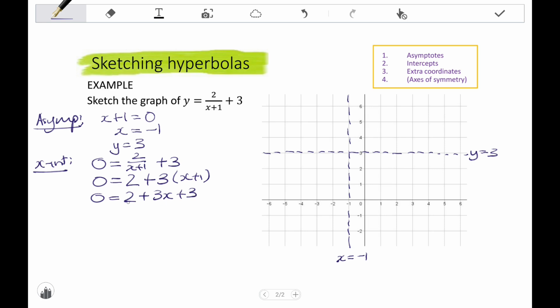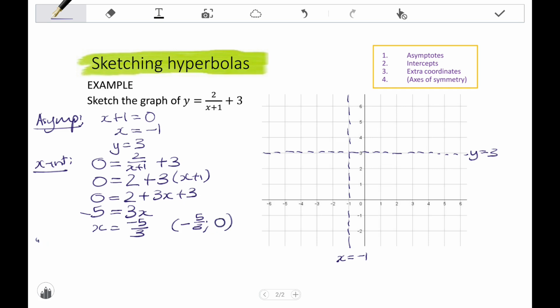Solving for x, this is 2 plus 3, so I'm going to subtract 5. So that's 2 plus 3 is 5, subtracting 5, I have -5 equals 3x. Dividing by 3, I have x equals -5 over 3. Okay, so where x is -5 over 3, y is 0.